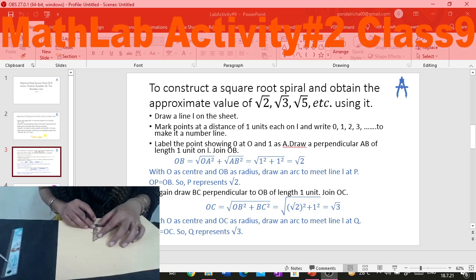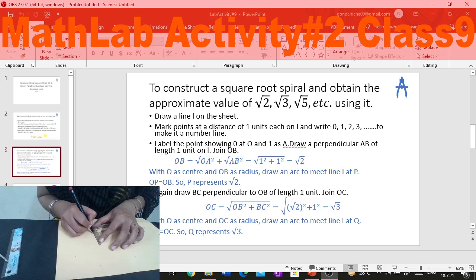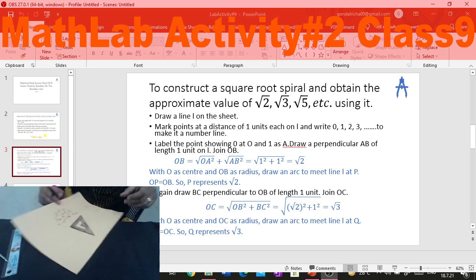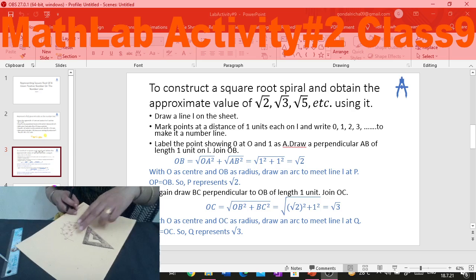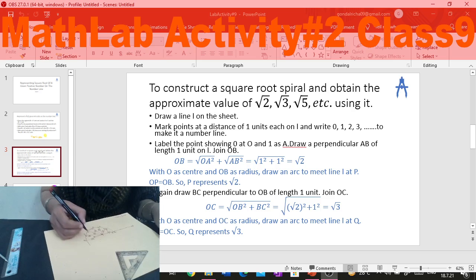At the end, if you have finished till root 10, you will find that you get a beautiful design of a spiral. So this is another point which we have got by drawing the perpendicular.